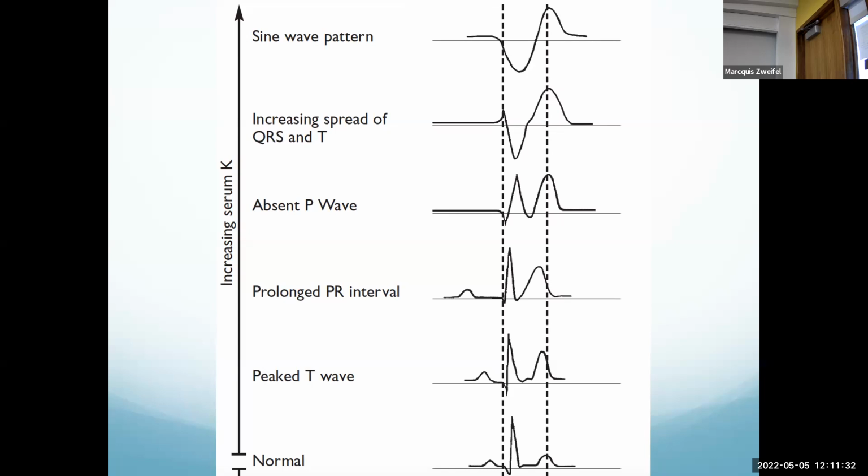I think the challenging part is that we know there is no specific time. I can't tell you, oh, if they have peaked T waves, it's going to be another hour before the next stage. We don't know that.